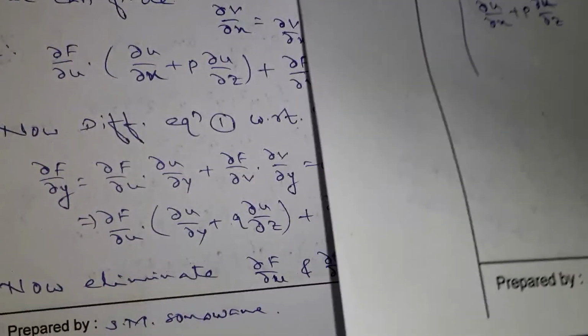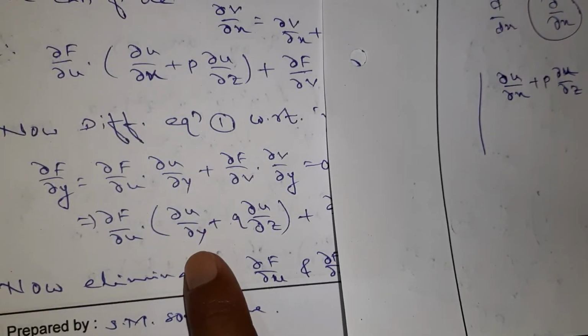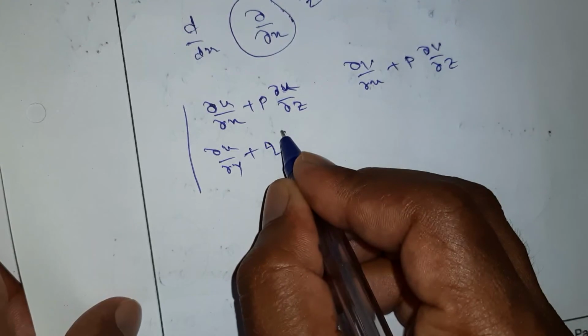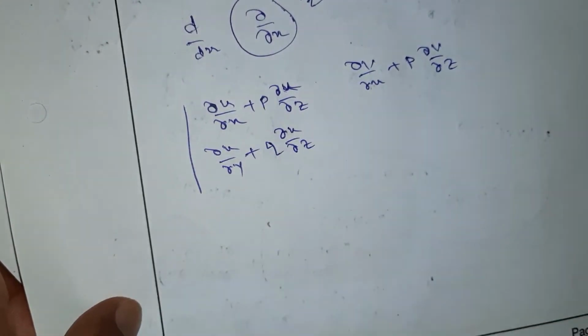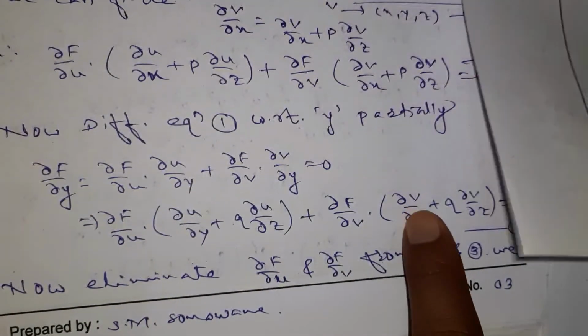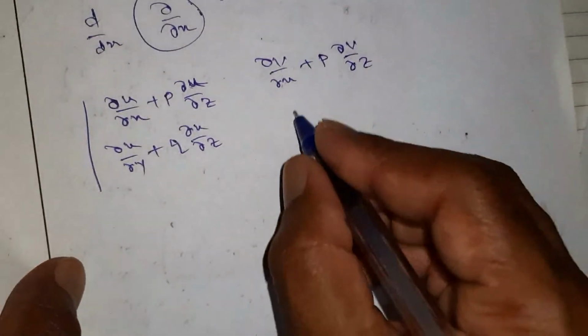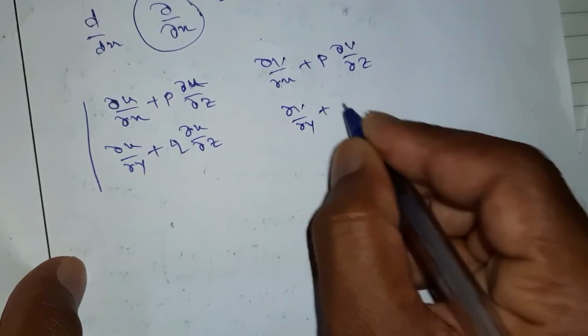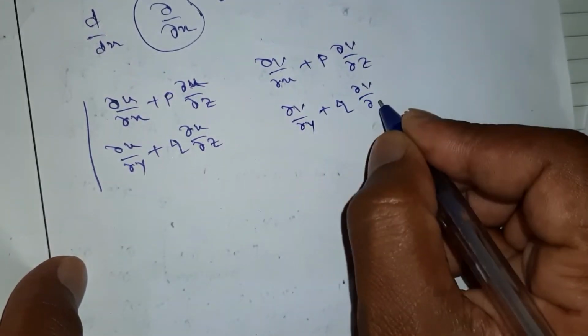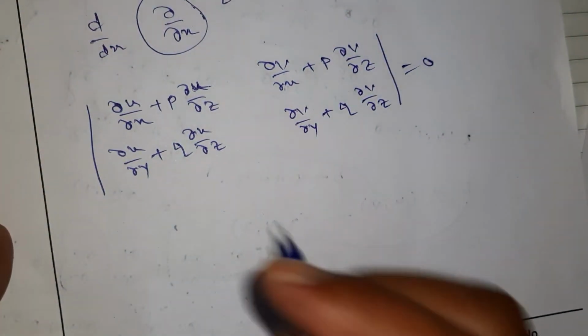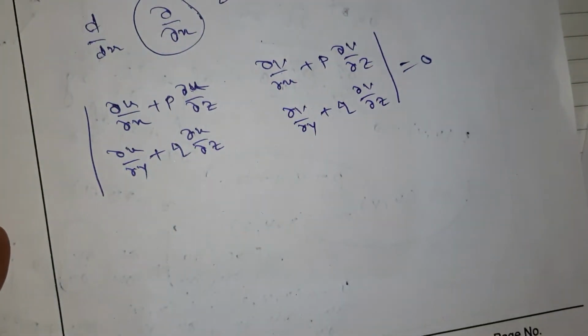Now second row: ∂u/∂y plus q into ∂u/∂z, and next, ∂v/∂y plus q into ∂v/∂z. And this determinant is equal to 0 we have to take. And if you solve this determinant, we get our required differential equation.